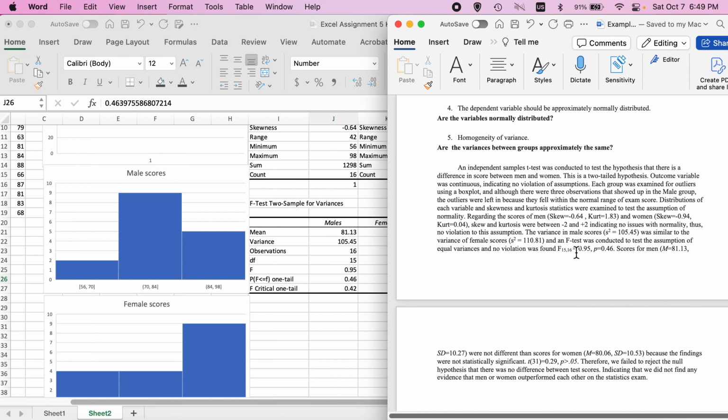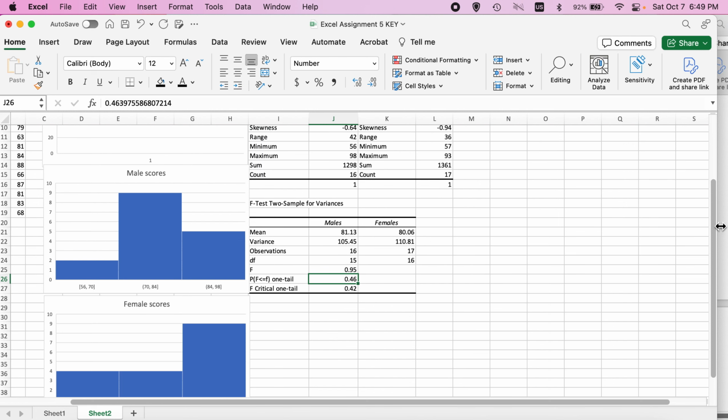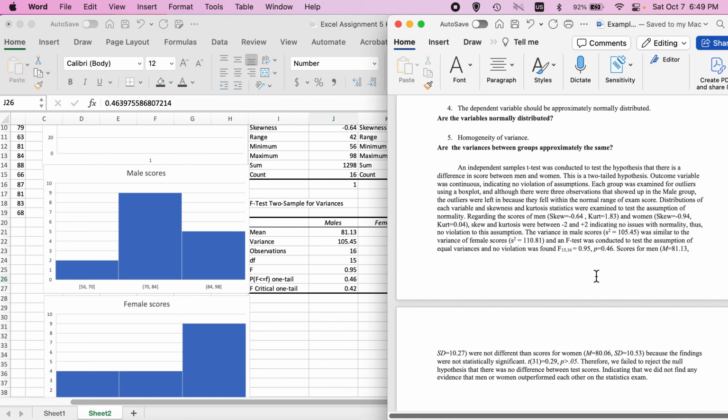As far as F goes, there are two different degrees of freedom here, 15 and 16. Now, I've seen it reported a couple of different ways. We could either do the parentheses with 15 comma 16 or this way.